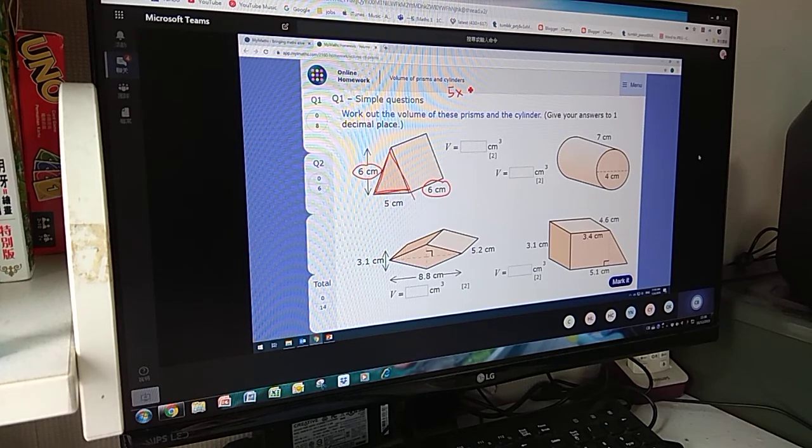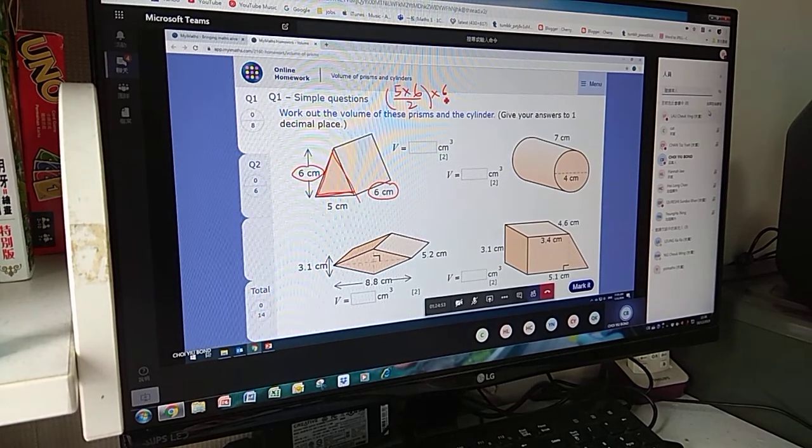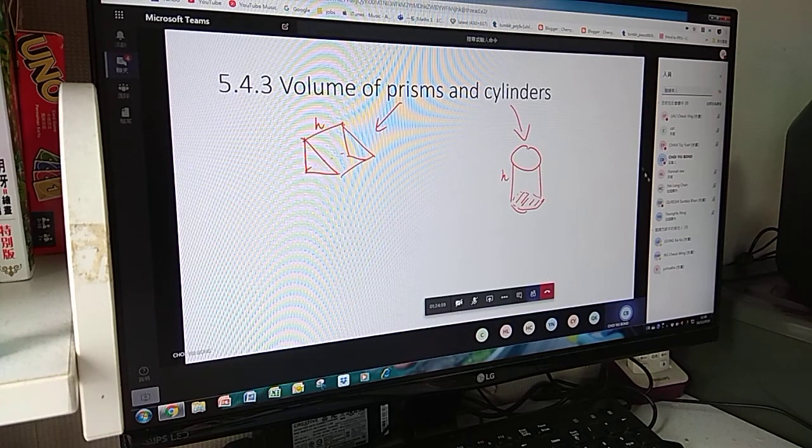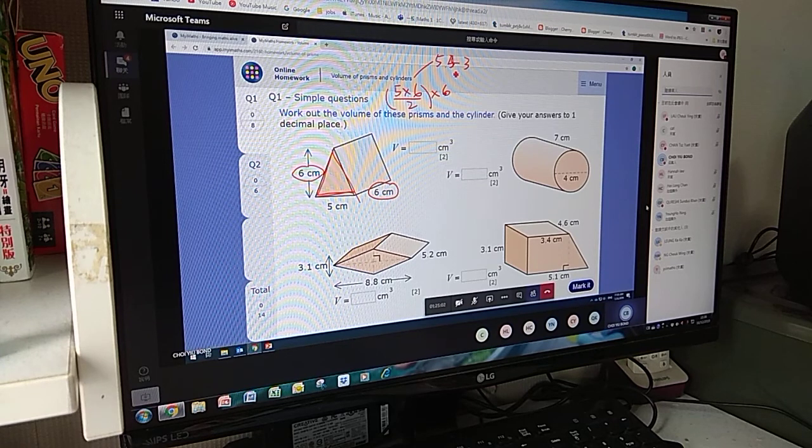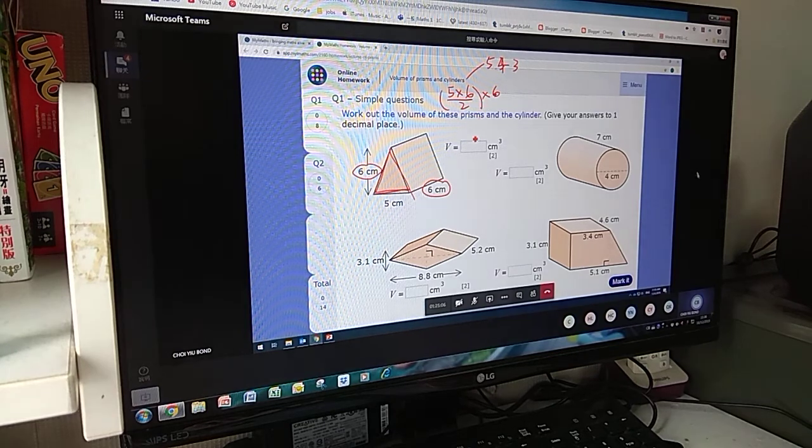Okay, 5 times 6 divided by 2 is the area of the triangle, and then you multiply the area of the triangle by the height, that is 6 cm, then it will be the volume of this one. Okay, so it should be 90 cm cube.